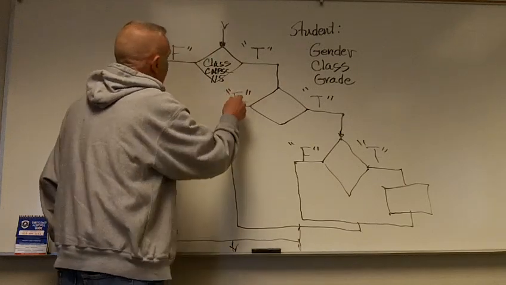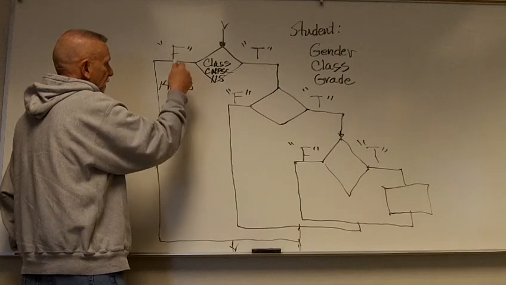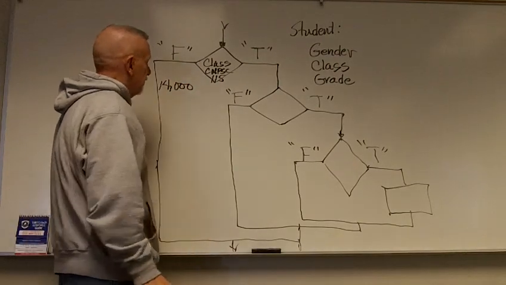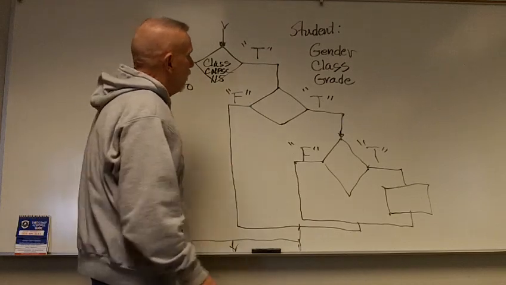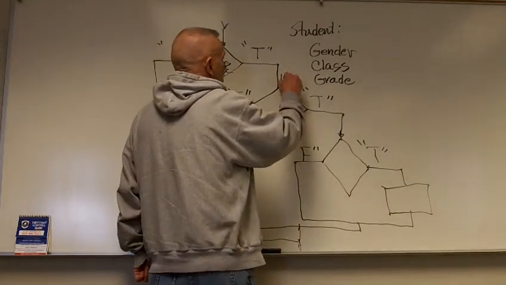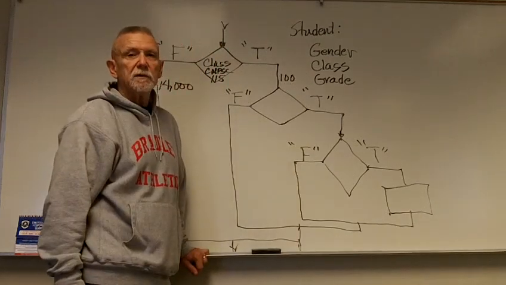So right here, I get rid of 14,000 or whatever, and they go right down here and out. The only ones going on to be tested more would be those 100 students.